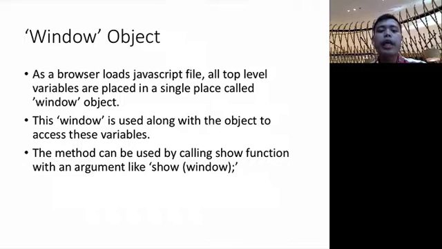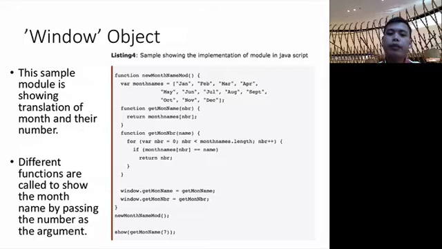For the window object, as the browser loads a JavaScript file, all top-level variables are placed in a single place called the window object. This window is used along with the object to access these variables. And the method can be used by calling the show function with an argument like show(window).